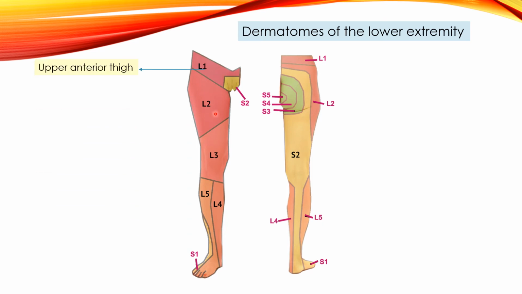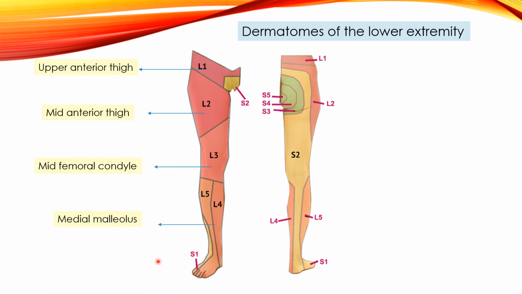Second is L2, the mid anterior thigh, and L3 is on the medial femoral condyle, then L4 is the medial malleolus, and L5 is the dorsum of the third metatarsophalangeal joint. L1 to L5 are from the lumbar plexus.